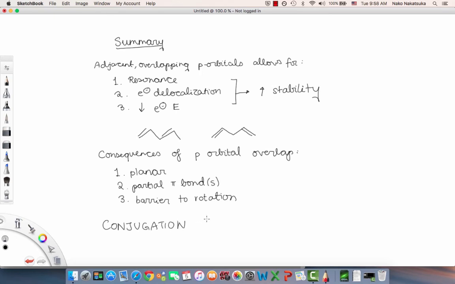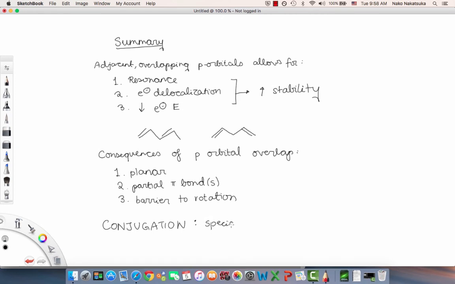And conjugation is the special stability which involves decrease in electron energy provided by electron delocalization in 3 or more adjacent, parallel, overlapping p orbitals. So let me write that down for you.